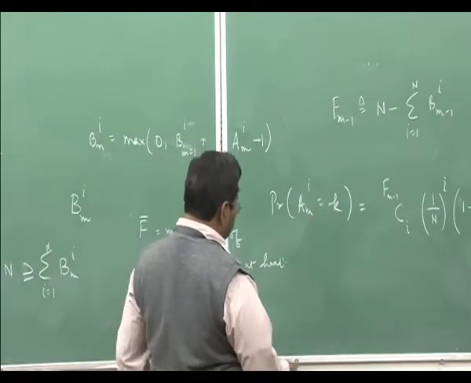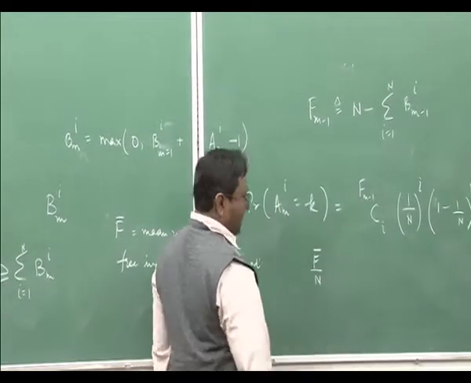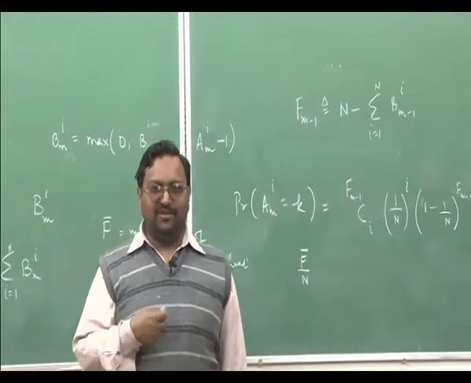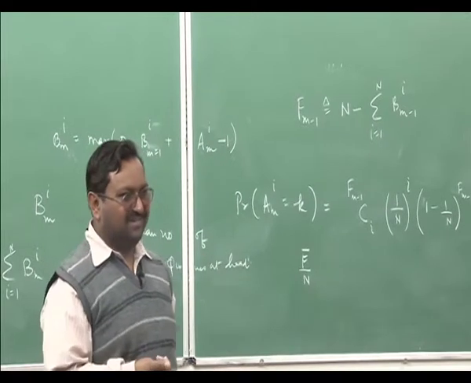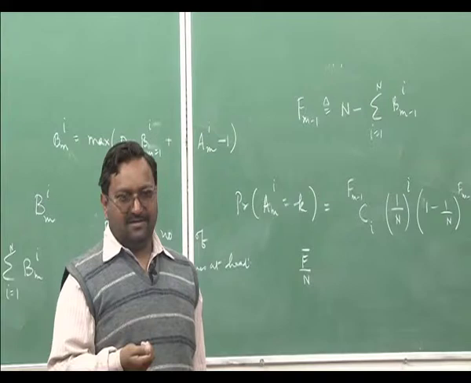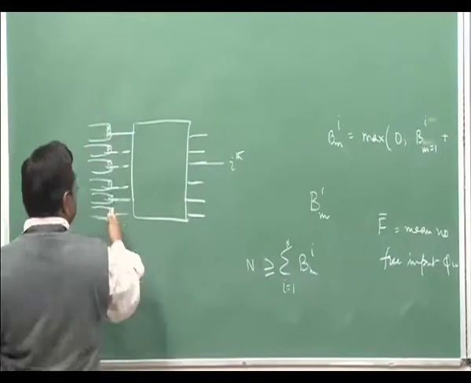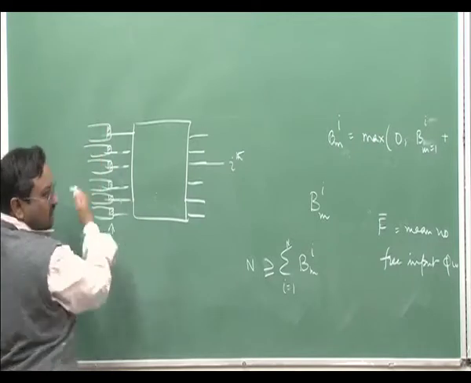So you can observe that f bar by n, that much fraction of packets will be going as throughput. That's the maximum which you can achieve. What is happening in the switch is that in every time slot some packets remain, some move.